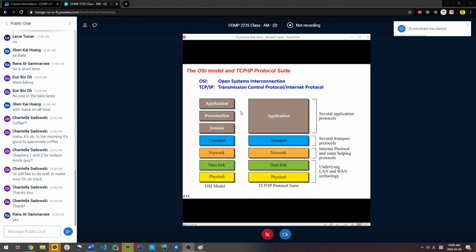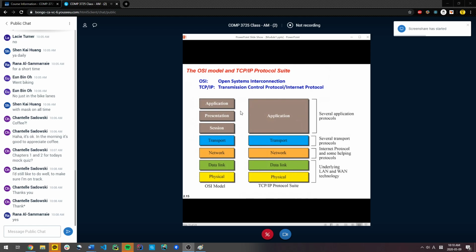Sure, there are some more predominant gains in certain layers, but every layer of this whole 5-layer stack has undergone some enhancements over the last 2 decades. And it has brought us from kilobits per second up to gigabits per second. And in the backbone networks, they're up at 100 gigabits per second, going to 400 gigabits per second.